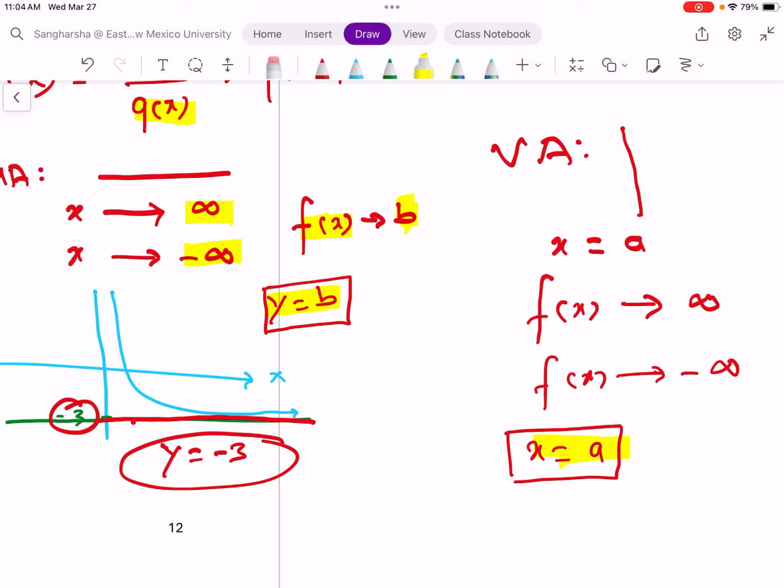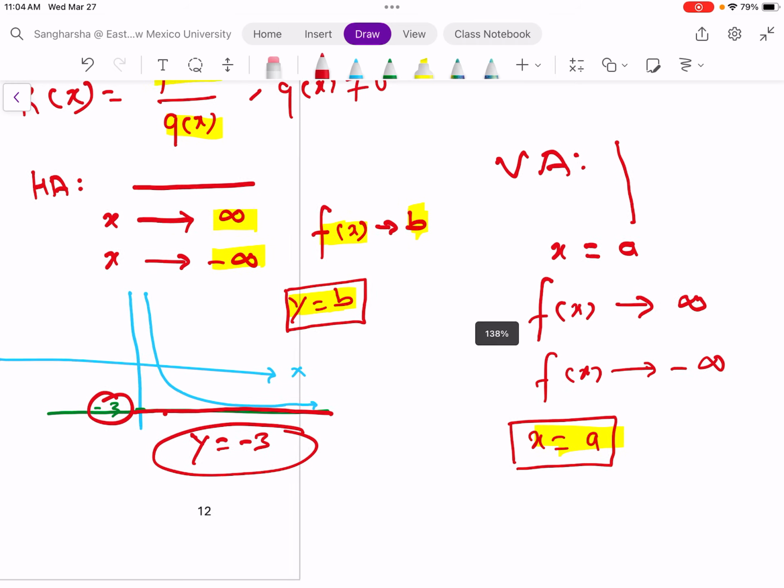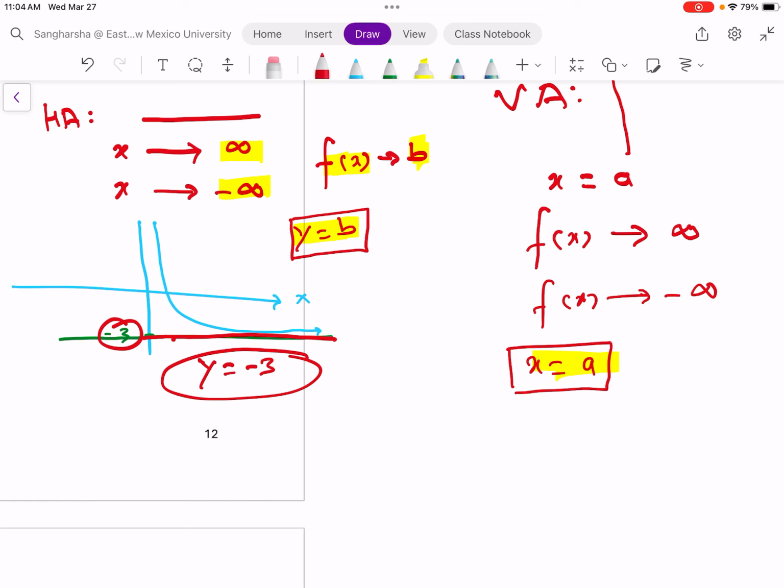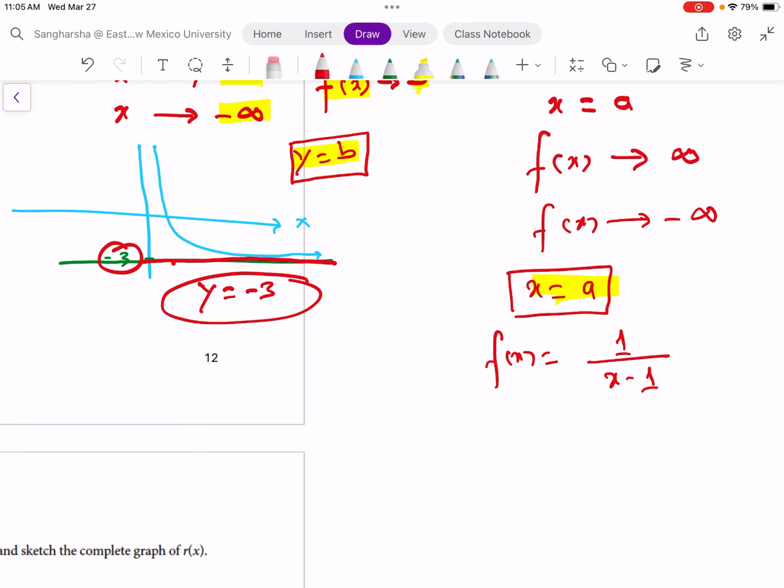Okay, and we know how to find the vertical asymptote and horizontal asymptote. In order to find the vertical asymptote, we look for the value of x for which the function is undefined. Let me take a function f of x equals 1 over x minus 1. This is a rational function. To find its vertical asymptote, we find a number that makes the denominator equal to 0.